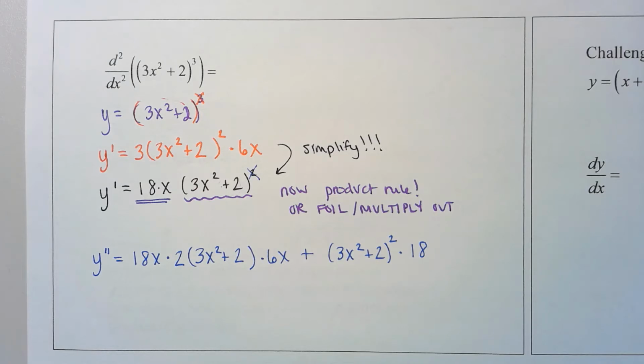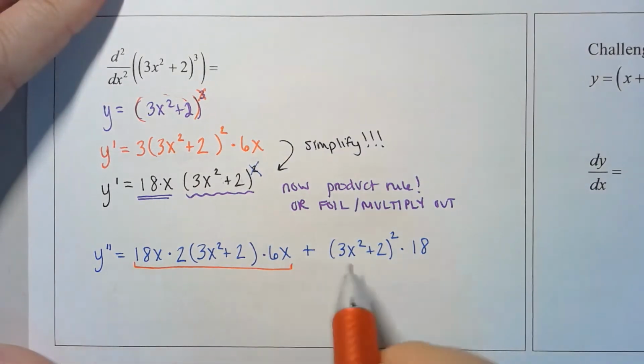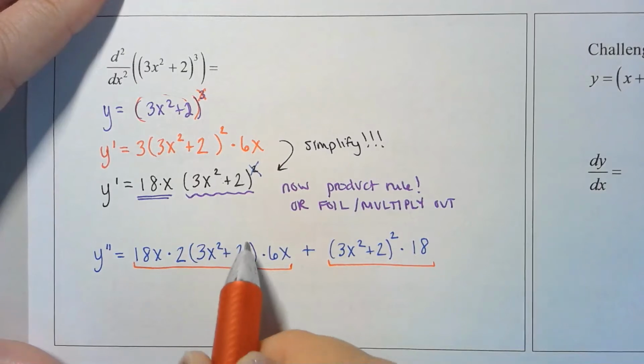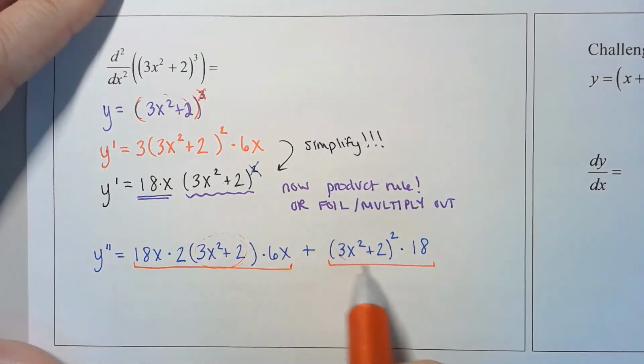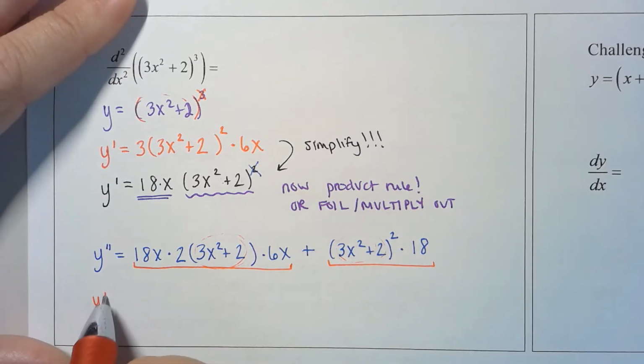So we used the chain rule to take the first derivative, cleaned it up, then realized we needed to use the product rule to take the second derivative. Now, we can leave this alone. I'm going to clean it up. When you look at these two terms, they both have a 3x squared plus 2, and they both have an 18. So I'm just going to clean it up.